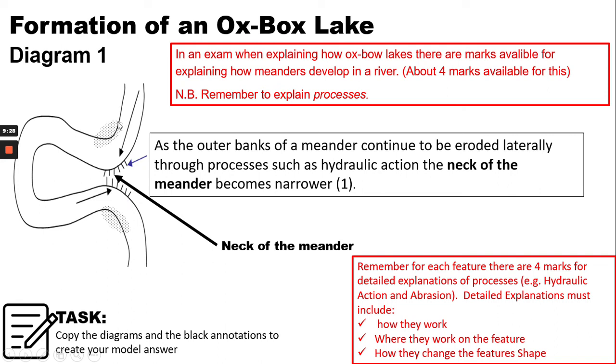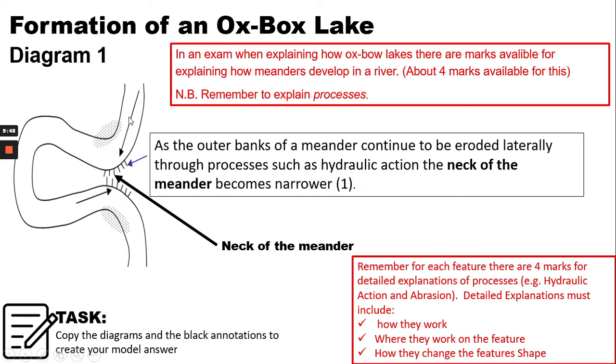So in other words, the meander will migrate. The inside of the bend will grow and move this way, and the outside of the bend will erode and move this way. So if you've got two outside bends, which we've got here, they will erode into each other.